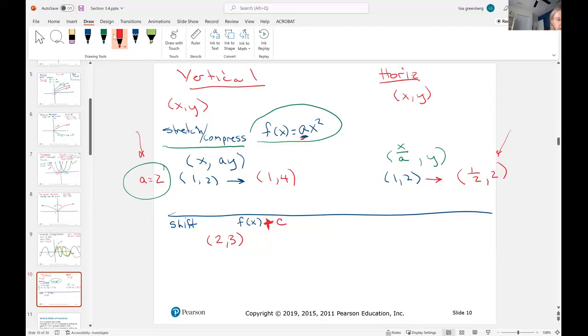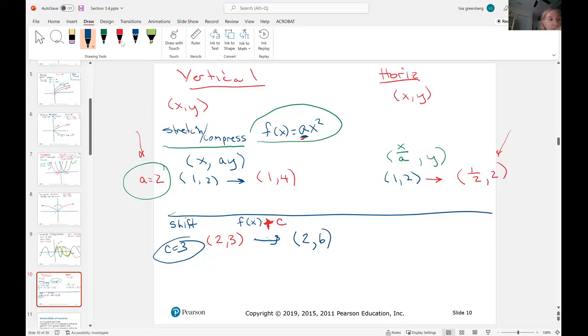Okay, so if c is greater than 0, then I'm going to add whatever that value is. So let's say c equals 3, then my new value is going to be, well, I'm vertical, so it's only changing my y value. So it's going to be 2, 6, because I'm going to add 3 to each value, right? Because that's what I said c is.